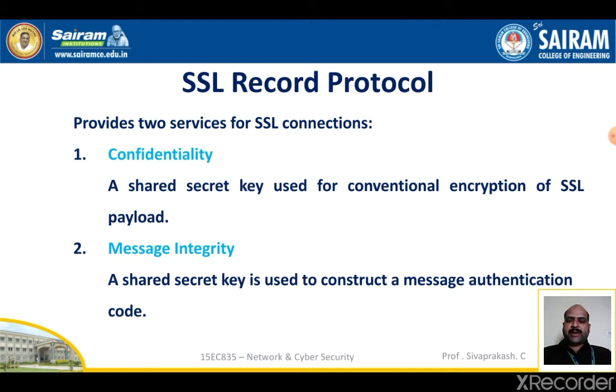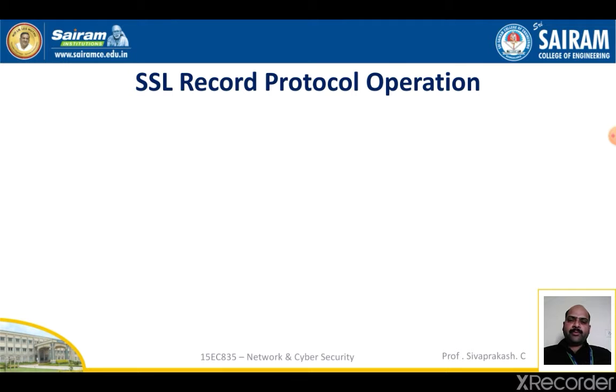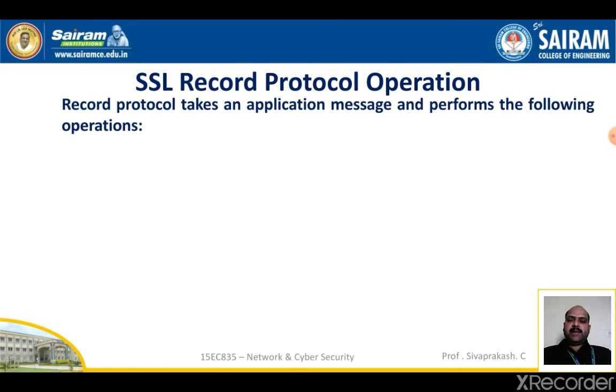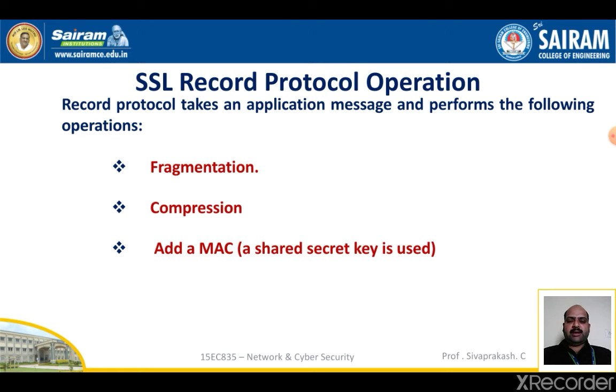Let us discuss how this record protocol operates. The record protocol takes an application message and performs the following operations, as we are going to see now. The application data is first fragmented, so the process is called fragmentation. Next, the data is compressed, called compression, and a MAC is added, using a shared secret key, the message authentication code.